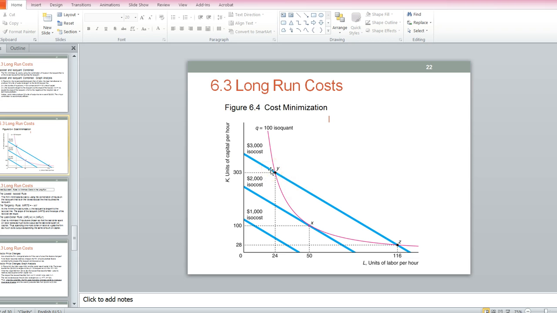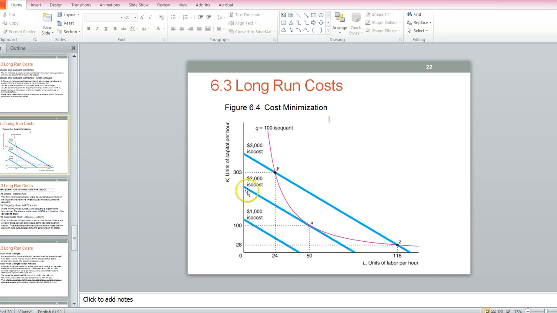We can further shift this isocost line inward toward the origin, because the closer the isocost is to the origin, the smaller the cost. But this 1000 isocost line is infeasible because it doesn't touch the isoquant.